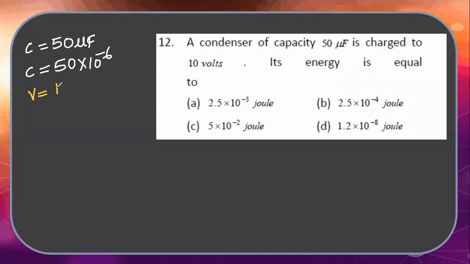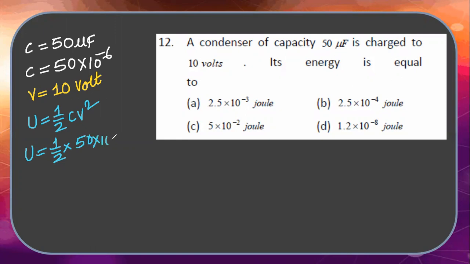V is taken as 10 volt. Then we have to take the energy stored. U is equal to half CV square. Then U is equal to 1 by 2 into, what is C?